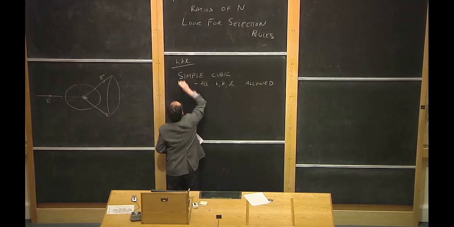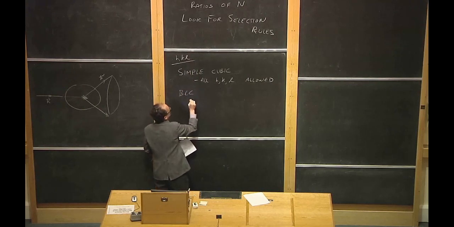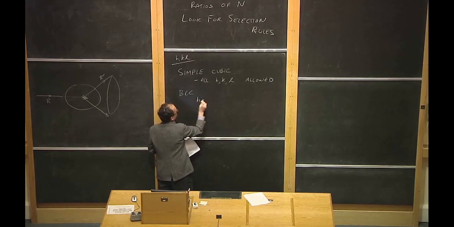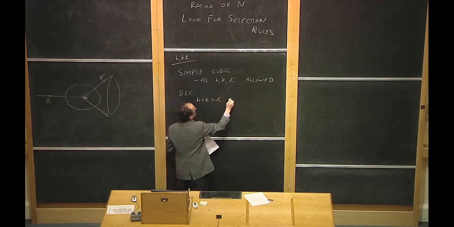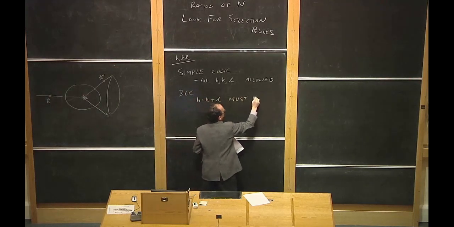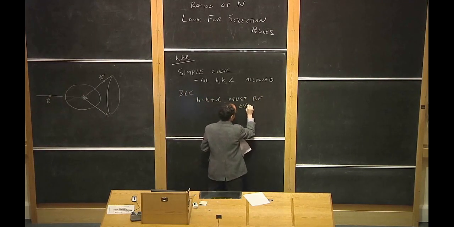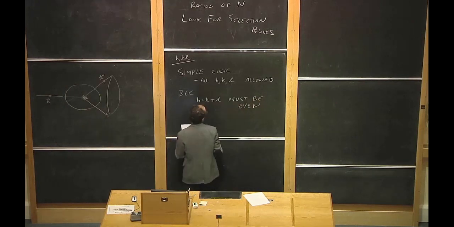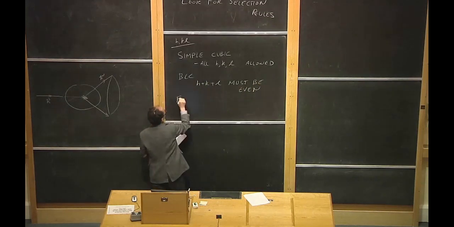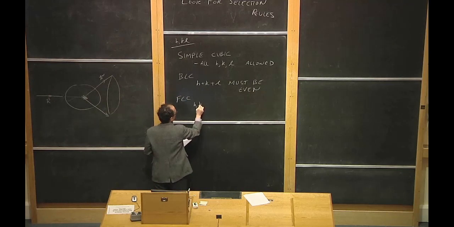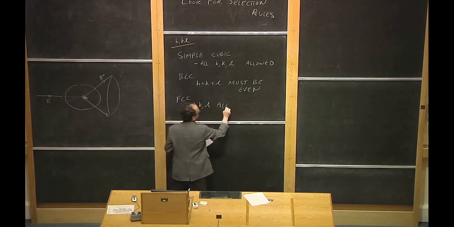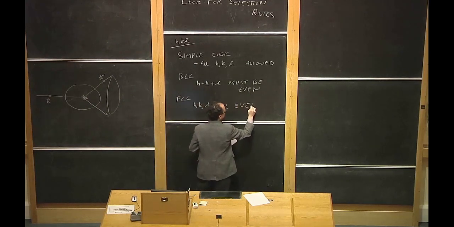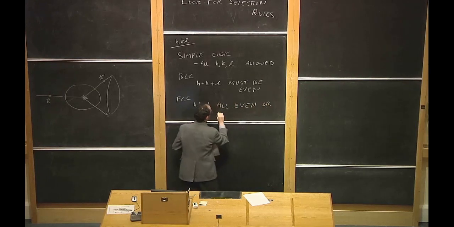For a BCC lattice, we derive the selection rule that h plus k plus l must be even. For an FCC lattice, we derive the selection rule that h, k, l must be all even or all odd.